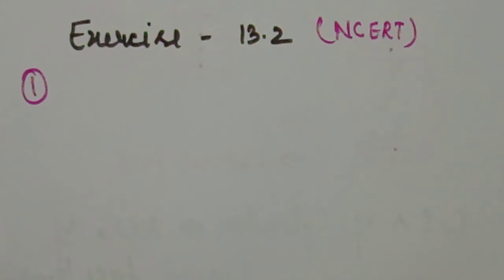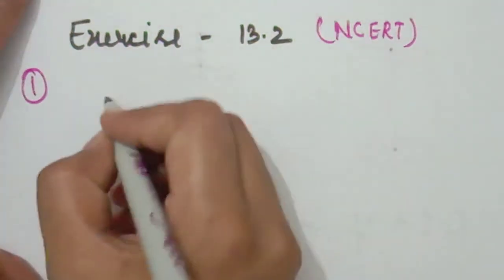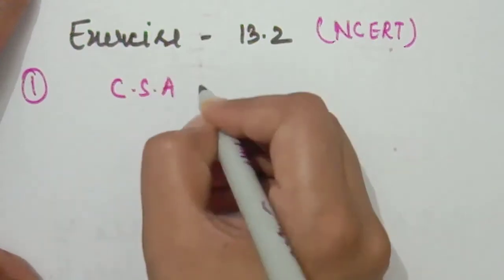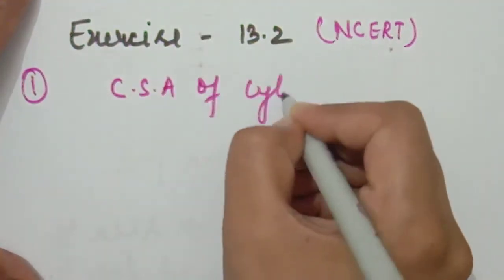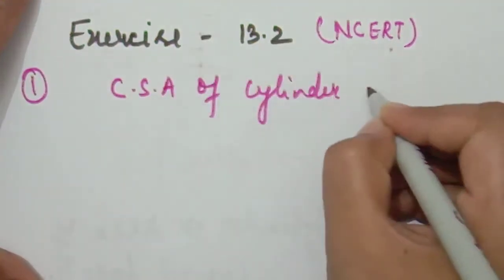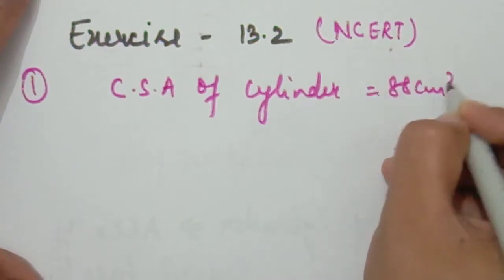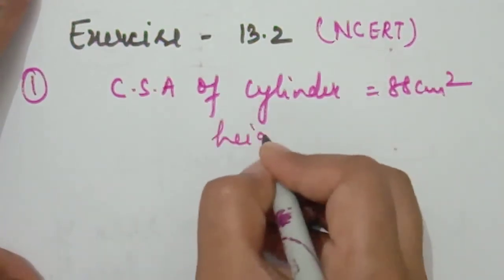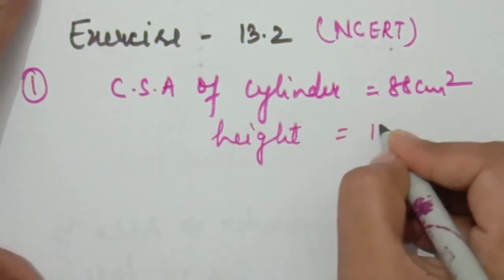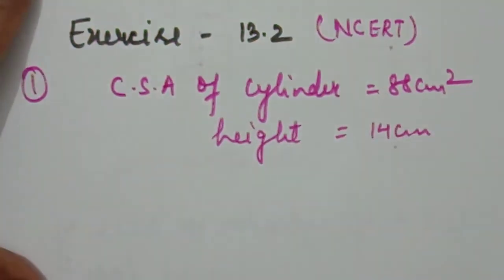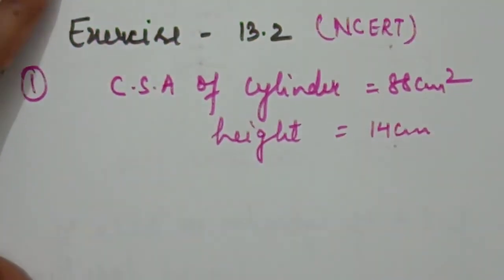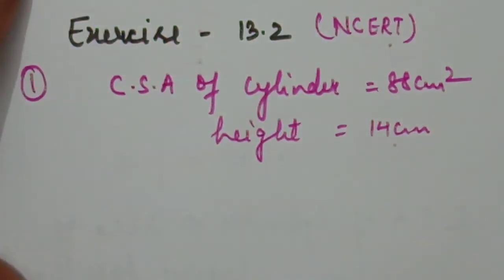So the curved surface area of the cylinder is 88 centimeter square and height is 14 centimeter. Find the diameter of the base of the cylinder. It means first of all we have to find the radius, then we will find the diameter.